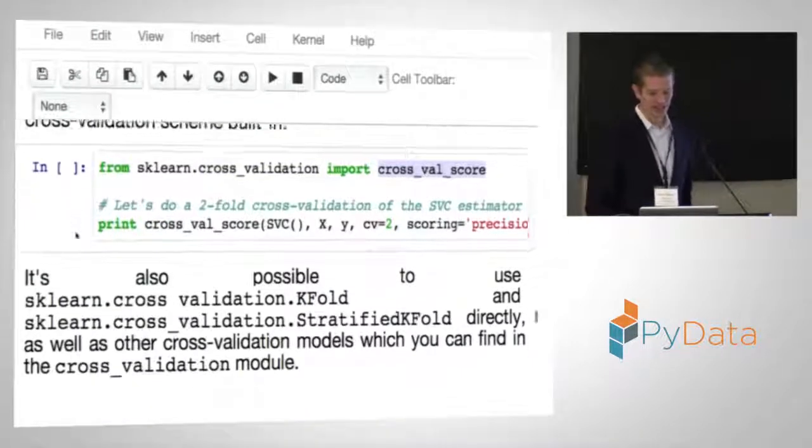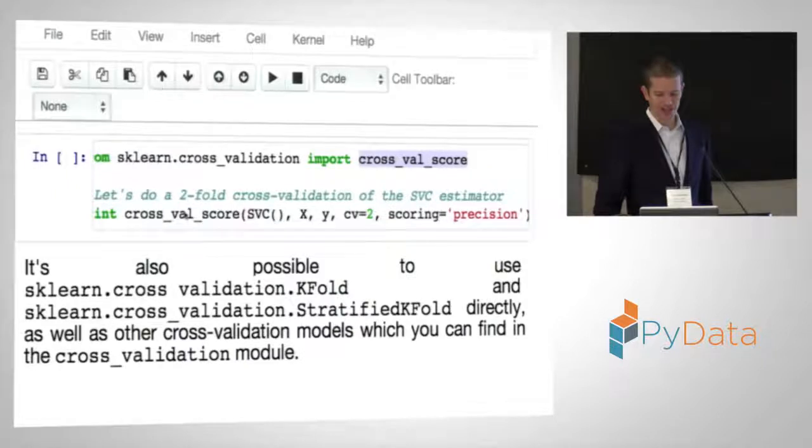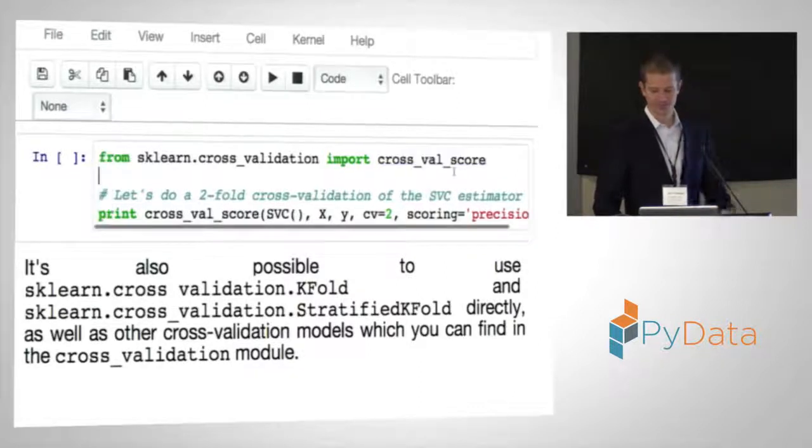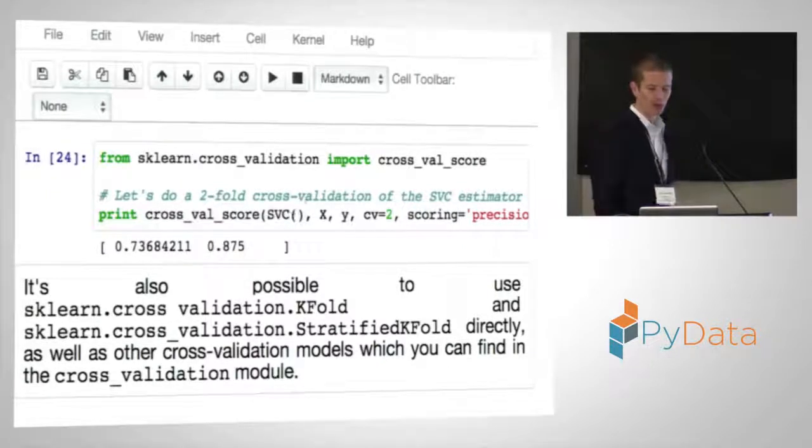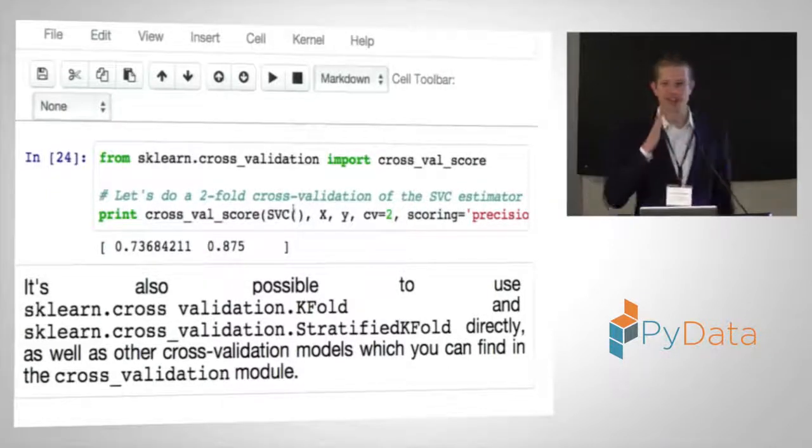The way you do it is you call cross-val score and you pass it whatever estimator you're interested in, and you pass it the data set you're interested in, and you tell it how many validation folds you want. So here we're going to say we want 2 folds, and we say that the scoring we're interested in is the precision.